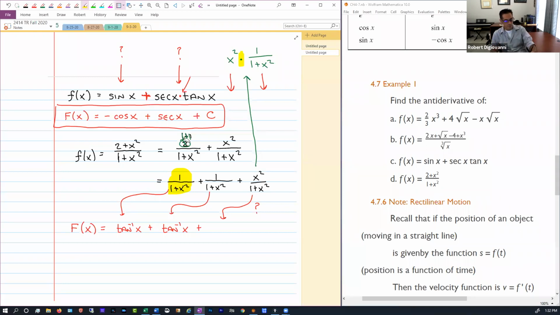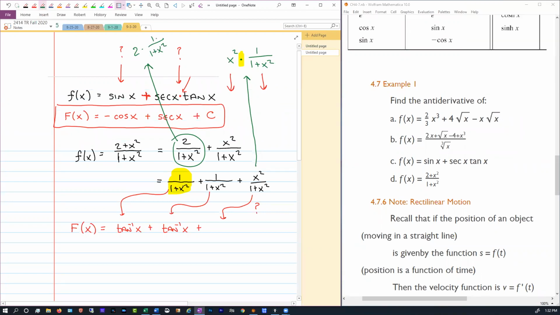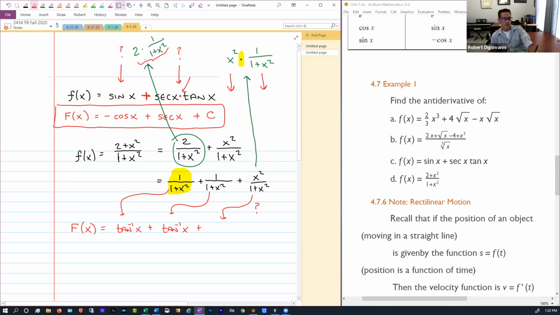Now, I want to point something else out while I'm doing this. You see this one right here that we had split 1 and 1? Could I have taken that and rewritten that as 2 times 1/1 plus x squared? Could I have done that? Yes. Now, can you take the antiderivative of all of this? See, this is a constant, isn't it? So it should come for the ride. So it should give us a 2 times, what's the antiderivative of that?